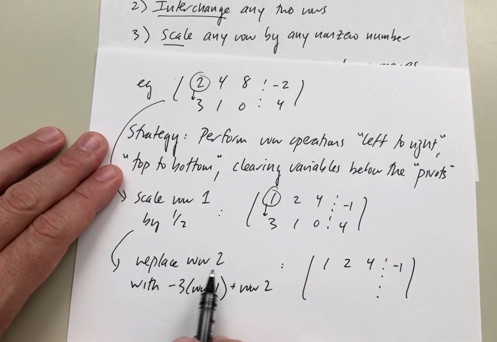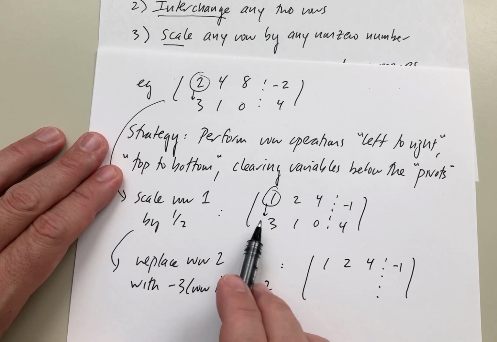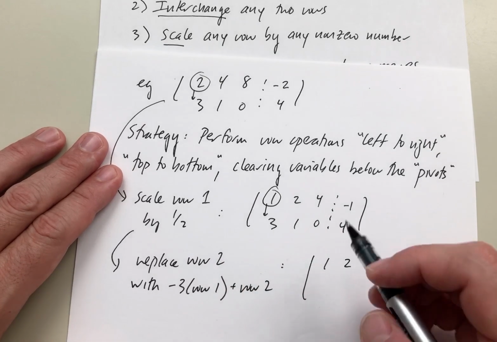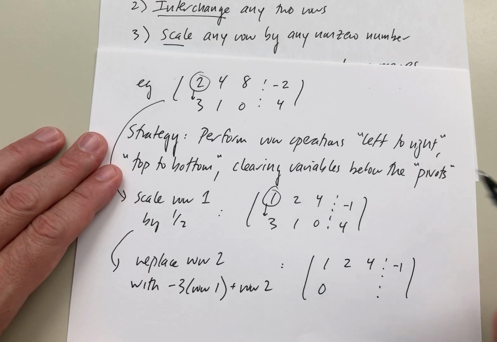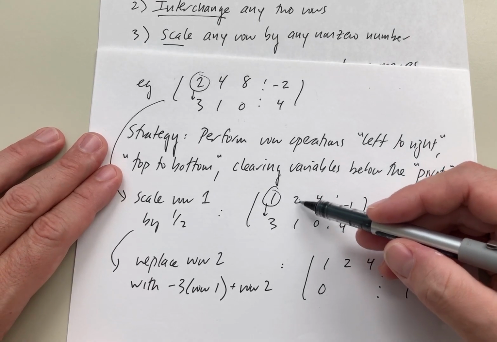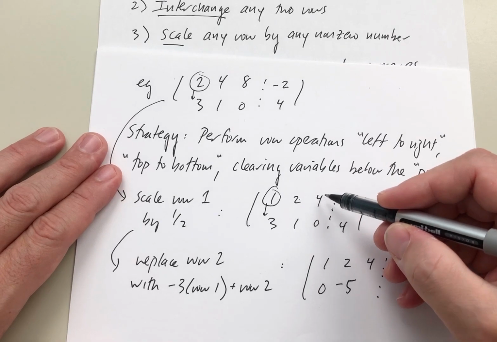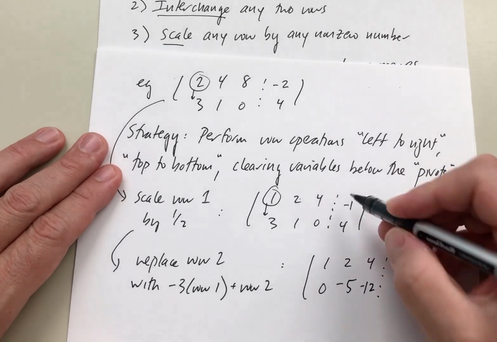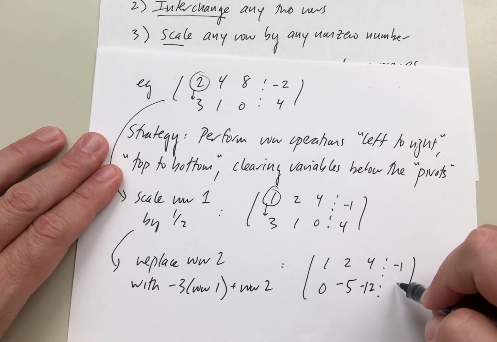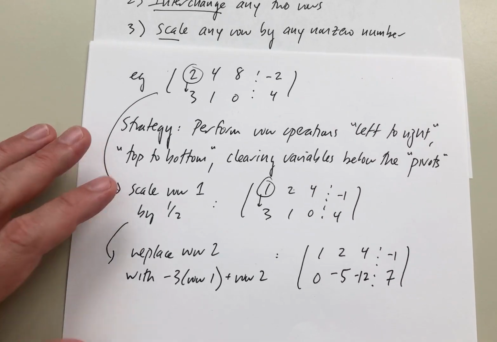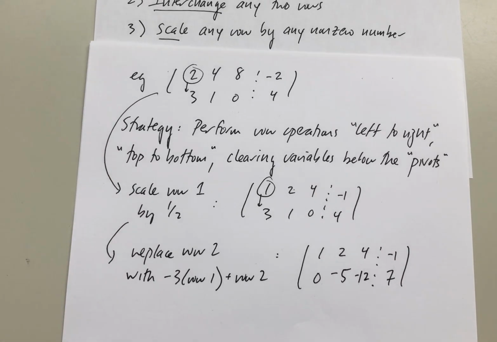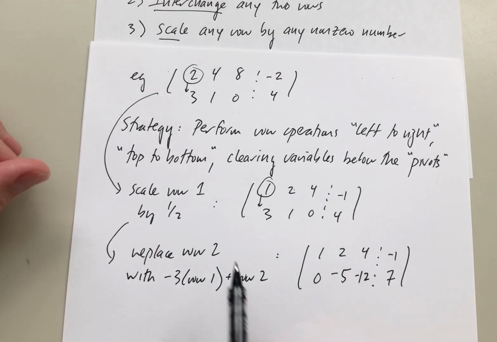I replace row 2 with minus 3 times row 1 plus row 2. So minus 3 times 1 is minus 3 plus 3 is 0. That's why I chose it. Minus 3 times 2 is minus 6 plus 1 is minus 5. Minus 3 times 4 is minus 12 plus 0. Minus 3 times minus 1 is 3 plus 4. This is 7.